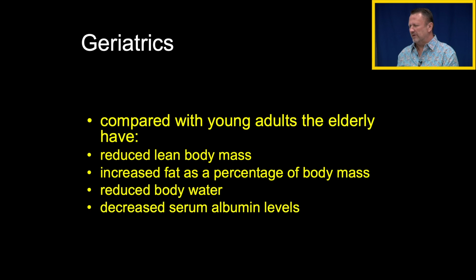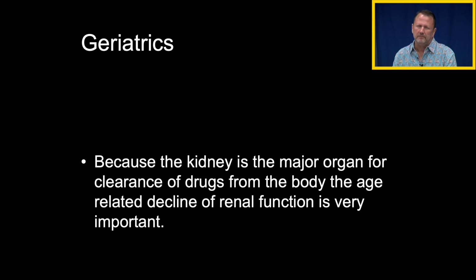These are the things we need to keep in mind with the elderly. Little kids are not just tiny adults, and older people are not just older adults. There are kinetic changes between a child, an adult, and then a geriatric adult. Keep those in mind.